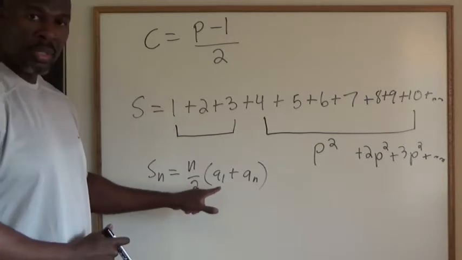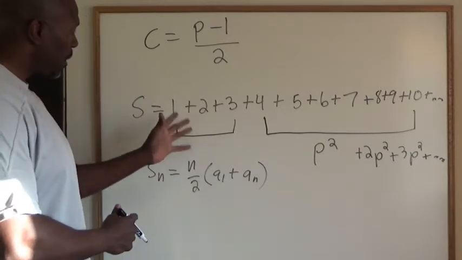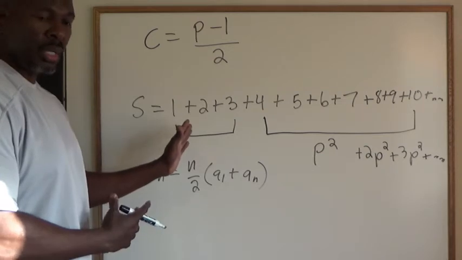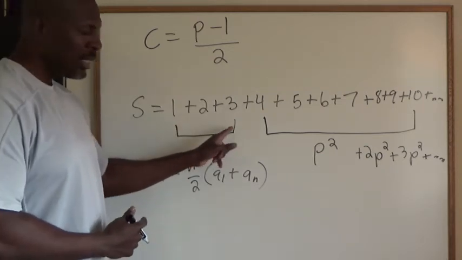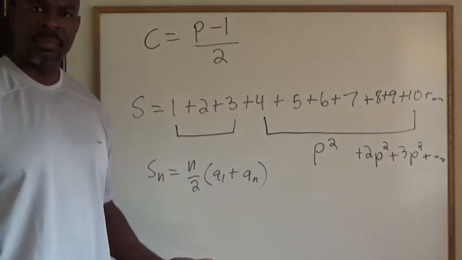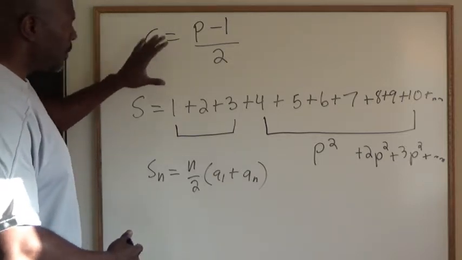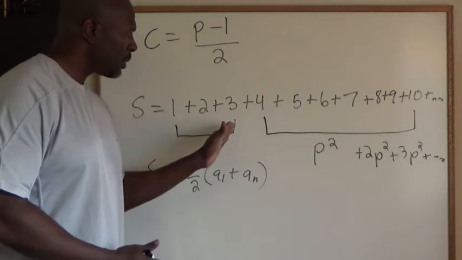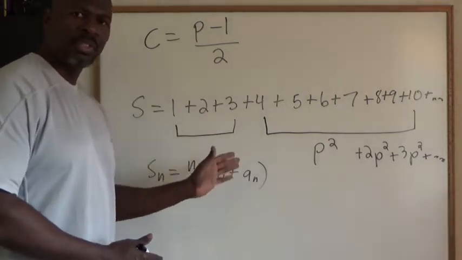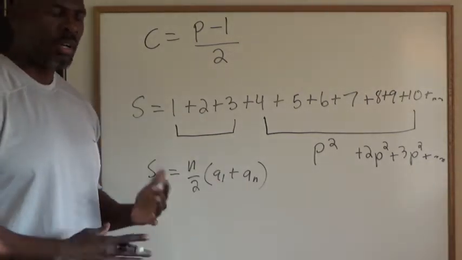So our a1 for the sum of the cutoff numbers is always going to be 1. Our an is always going to be c. So c is the number of cutoff numbers, so that number will always represent the last number that is cut off. That will be our an for our cutoff numbers.